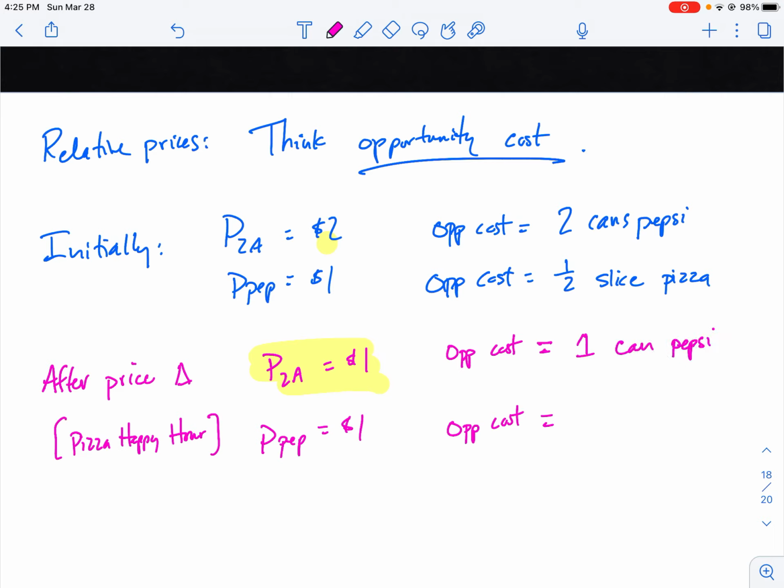Now it's only 1 can of Pepsi. Because if pizza is $1 and Pepsi is $1, then every time you have a slice of pizza, you give up exactly 1 can of Pepsi. And it works the other way too. Every time you drink a Pepsi, you give up how many slices of pizza? Just the 1.